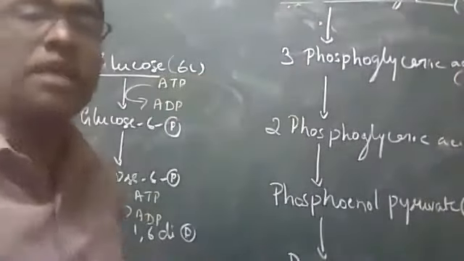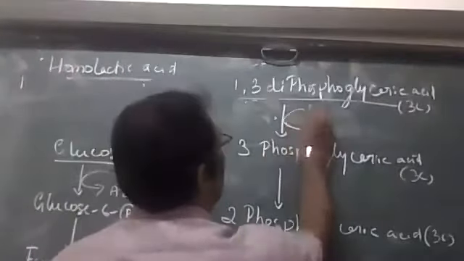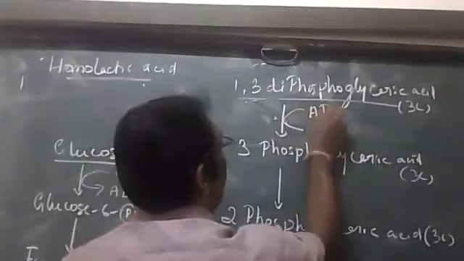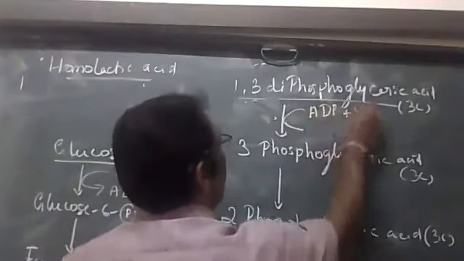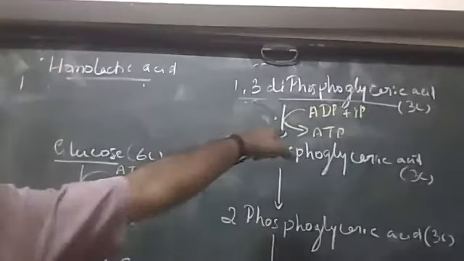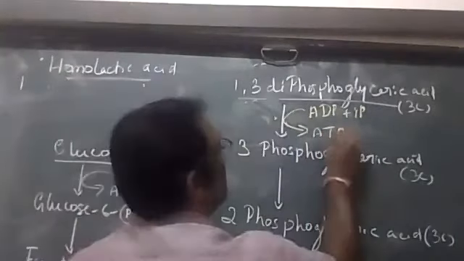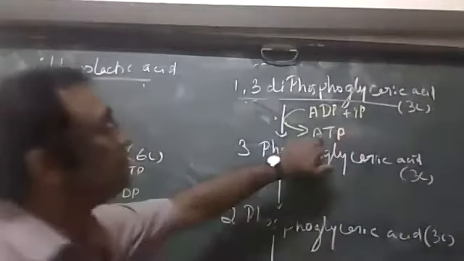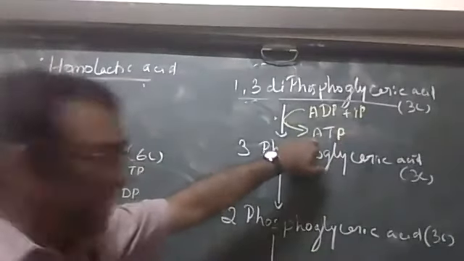Then coming back here. 1,3-diphosphoglyceric acid becomes 3-phosphoglyceric acid. See your EMP pathway. All of you take your book and see the EMP pathway once. Are you keeping the book with you? What is formed here? ATP.